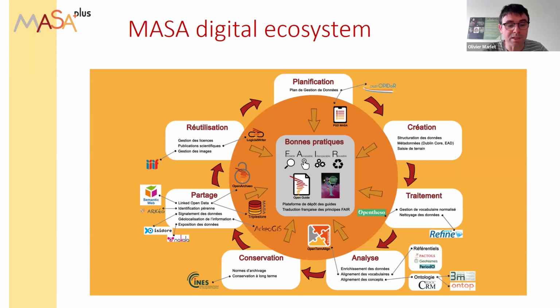To this end, MASA has set up a digital ecosystem that you can see here, based on the data life cycle to satisfy the requirements of researchers at different stages in the life of a research project. This digital ecosystem includes pre-existing open source tools on which MASA relies, and other tools that MASA has developed to support the needs of the community.